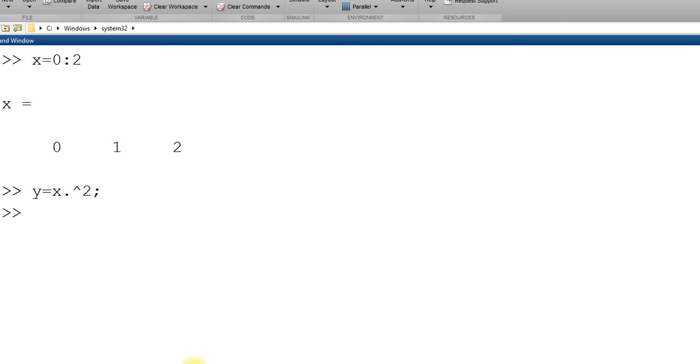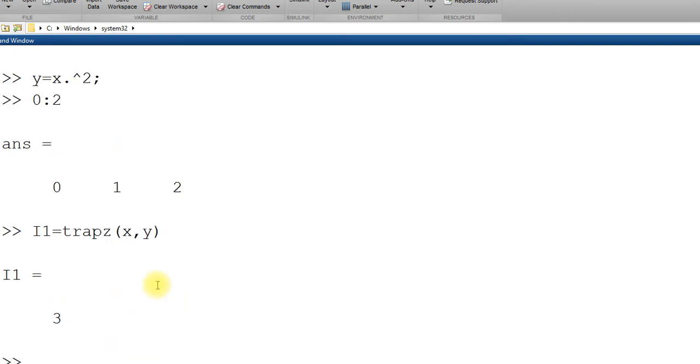Now I say I1 equals trapz(x, y). Now see, when I create it like this, it has only 0 to 1 and 1 to 2.